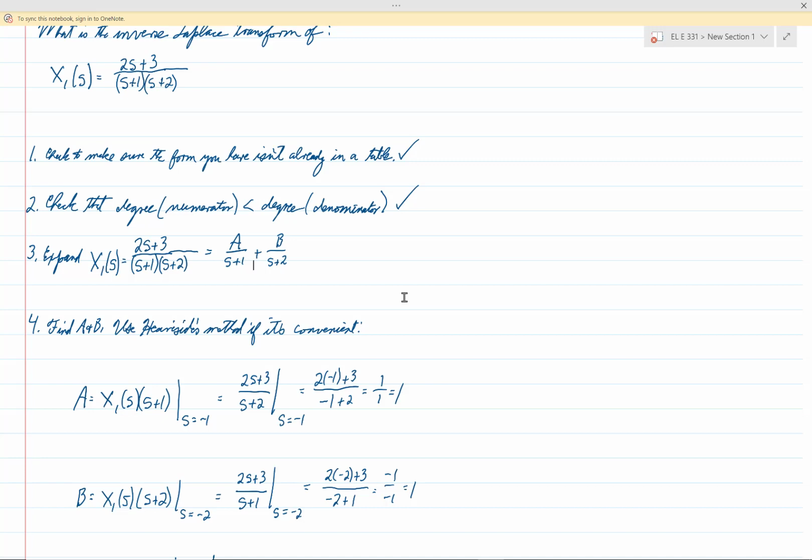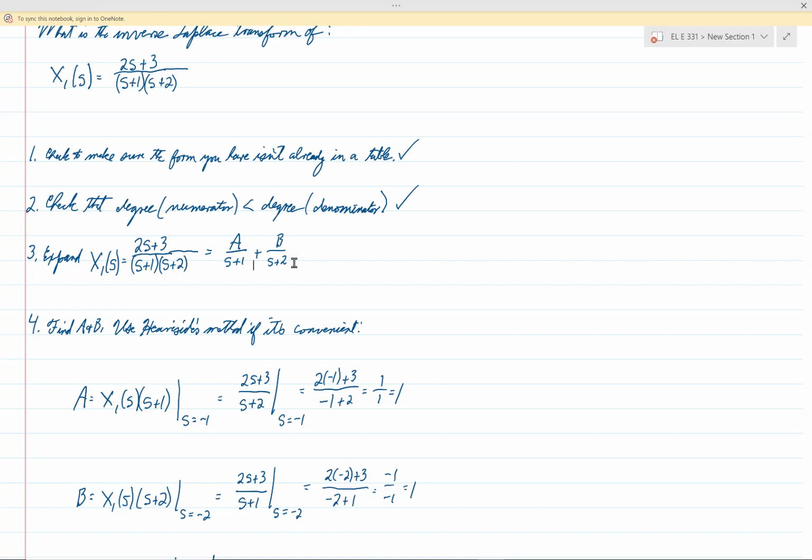Now, another thing that you could do, which is along the same lines, but a little faster, is you could pick some convenient values of s and substitute that value of s in on both sides. For instance, if we picked s = 0, on the left-hand side we would get 3/2, and on the right-hand side we would get A + B/2. So A + B/2 = 3/2.